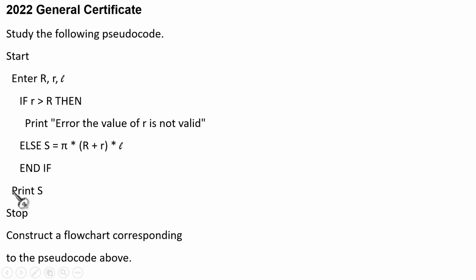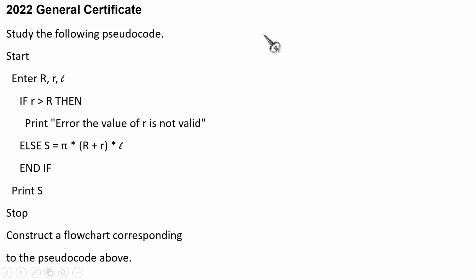Where there's print, they can also use output. Okay, those are some of the words that can be used interchangeably. So this is the program which we have in pseudocode. Then they're saying construct a flowchart corresponding to the pseudocode above. So we need to construct a flowchart corresponding to this.